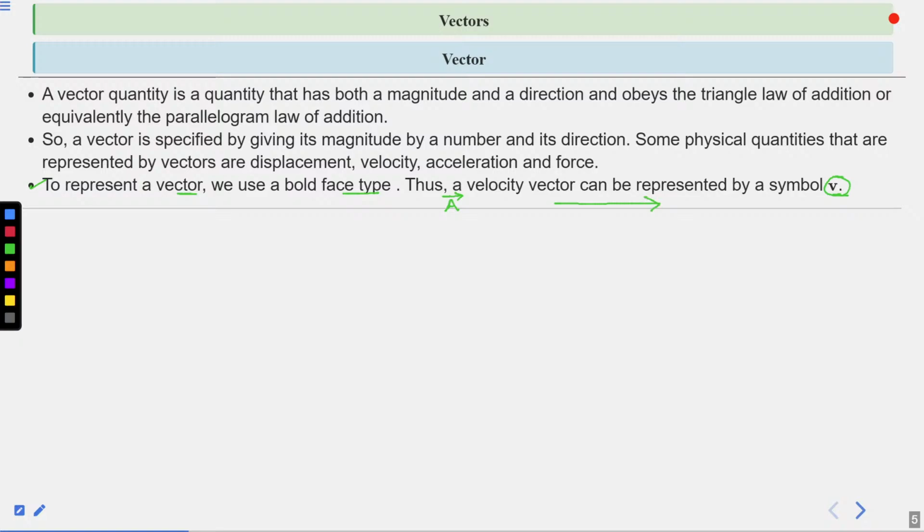When we imagine an arrow, the length of the vector is the magnitude from here to here, and the arrow represents direction. What is the arrow? The arrow is direction, and the length of this arrow is the length, or magnitude, of the vector.